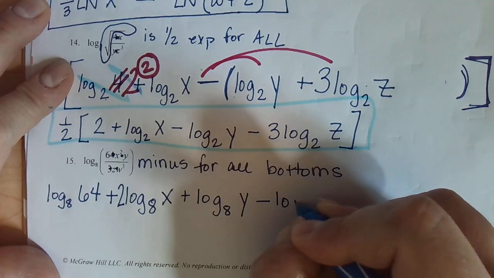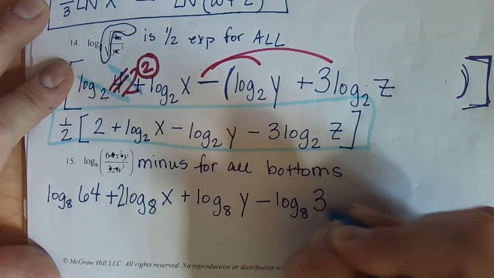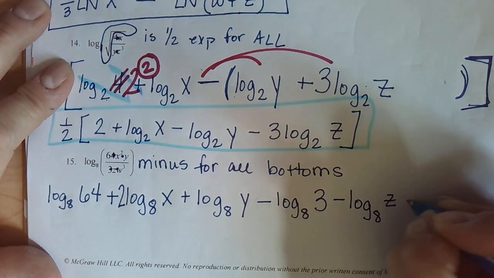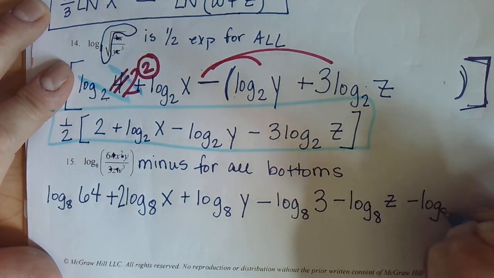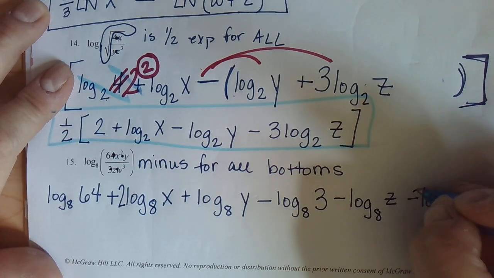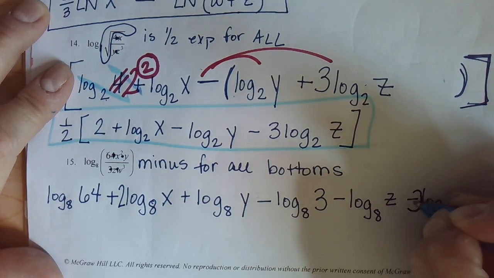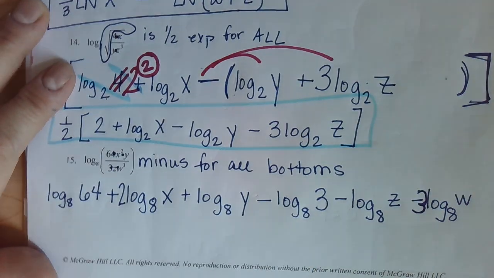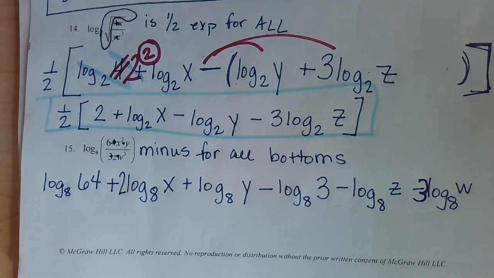So minus log 8, 3 minus log 8z minus log 8w. And that last w should have a big fat 3 in the front because that w had a 3 in the air. All right, let's see if I can simplify anything.